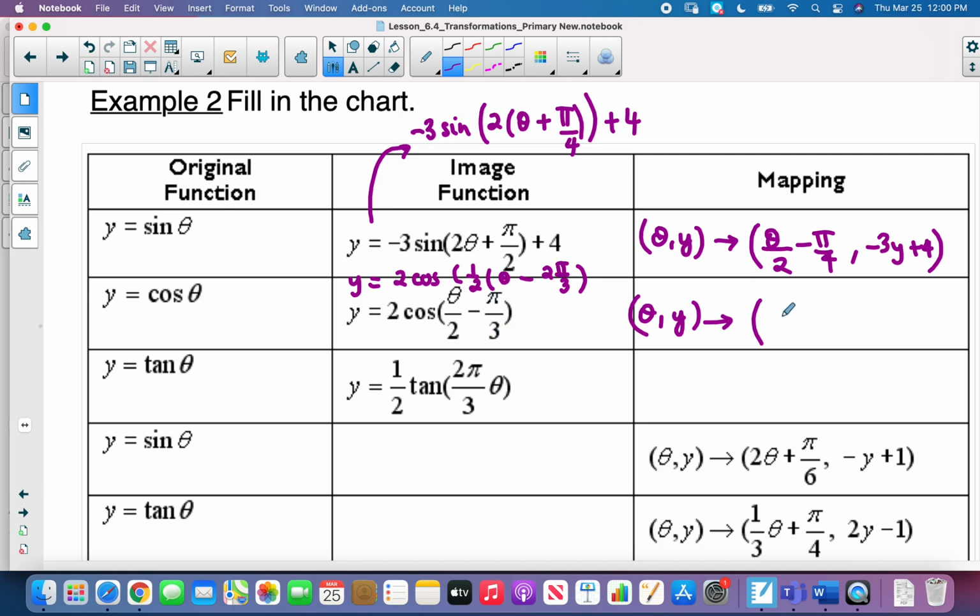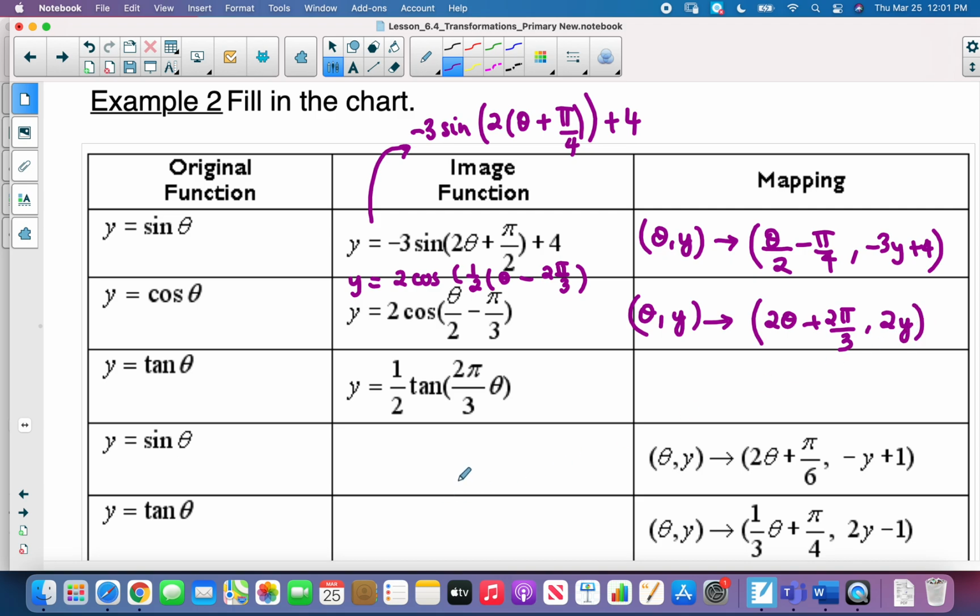So I can clearly see now that every theta value gets multiplied by 2, because it's theta divided by 1/2, which is 2 theta, and goes 2 pi over 3 units to the right, so plus 2 pi over 3. And y values get multiplied by 2, and that is it.